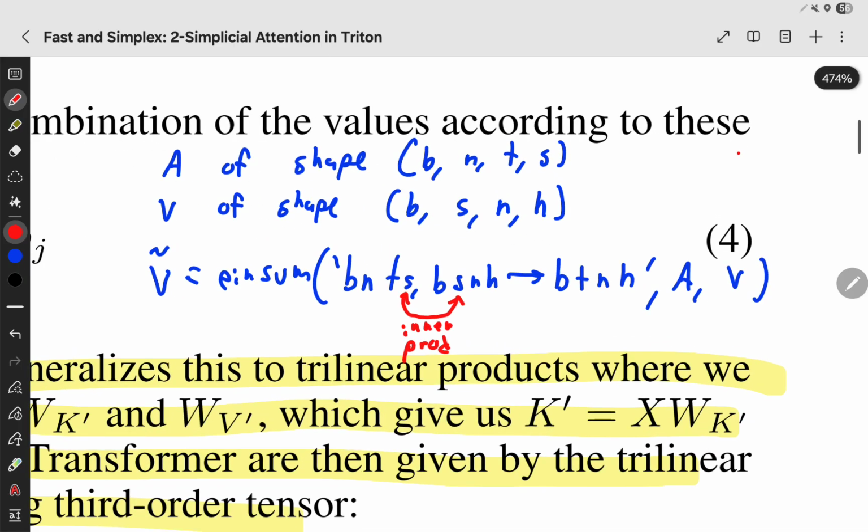Notice here S is defined in both, but not defined in the output, so that's what we're going to be doing the inner product on. It's basically just defining the shapes you want, and it handles the rest. There exists only one way to manipulate these shapes to get this output, so the einsum notation is not ambiguous in that way. So just define your shapes, and you'll get your output.